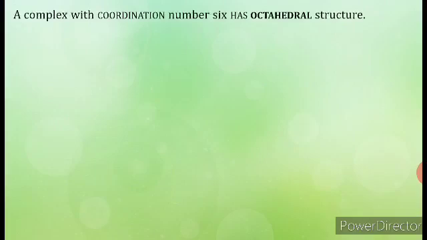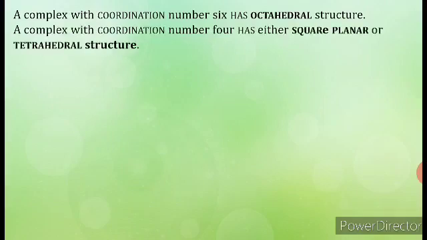So if the coordination number is 6, the geometry of the complex is octahedral, and if it is 4, then the geometry of the complex may be either square planar or tetrahedral.